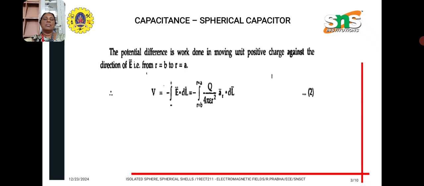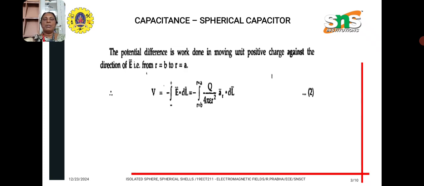Now for the spherical capacitor, the voltage, that is the potential difference, is the work done by moving a positive charge against the direction of the electric field, that is from r is equal to b to r is equal to a.